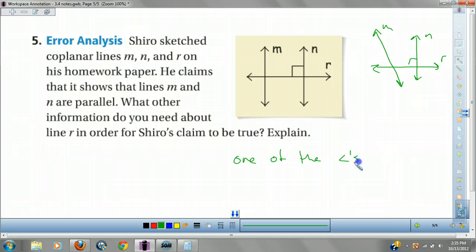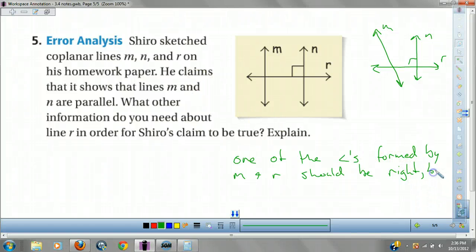So one of the angles formed by M and R should be right. Because if it was right, we could use theorem 3.8 from before, which says if your transversal cuts through two lines and is perpendicular to both, then they are parallel. That was by theorem 3.8.